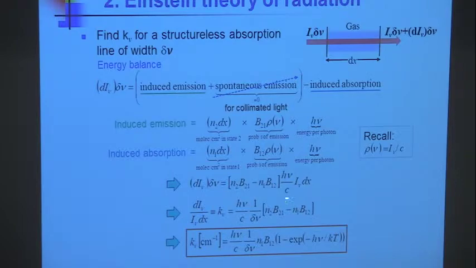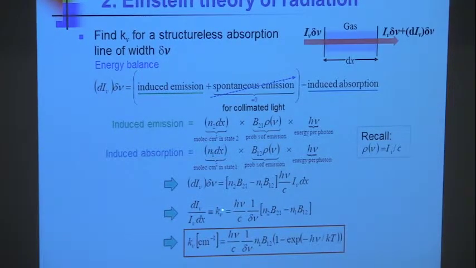By doing this and relating it back to K, remember dI over I nu dx is K, I solve for K. So now, finally, kind of quickly really, I have found that the K that we care about, the absorptivity coefficient, is nothing more than constants, 1 over delta nu, the width of the not yet understood line, the number density of absorbers, and B12.